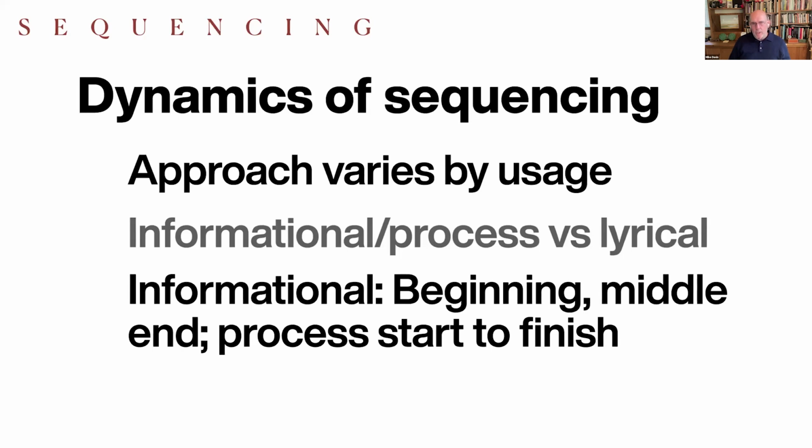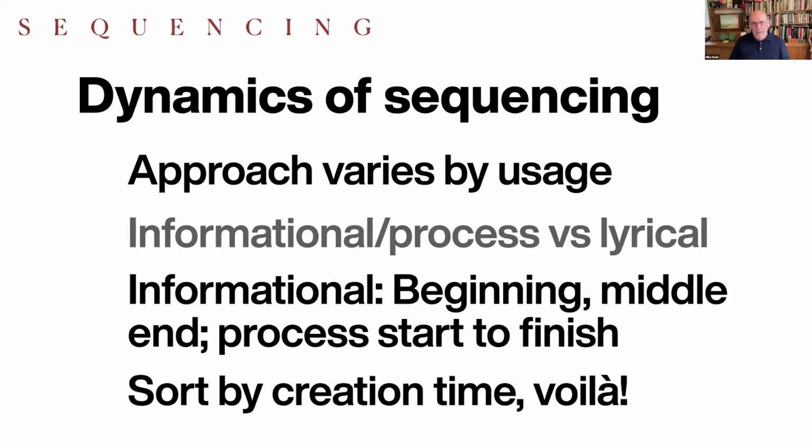Inevitably, the informational approach just has a beginning, middle, end. It's a process that started here and ended there. It's funny, on an informational sequence, you can probably sort by creation time, and voila, you're done. It's all ready to go. Maybe you move one or two photographs here and there.